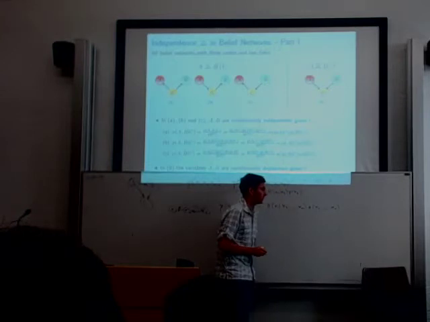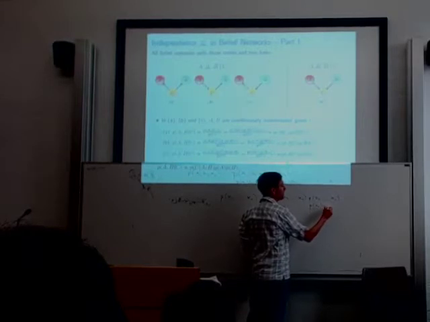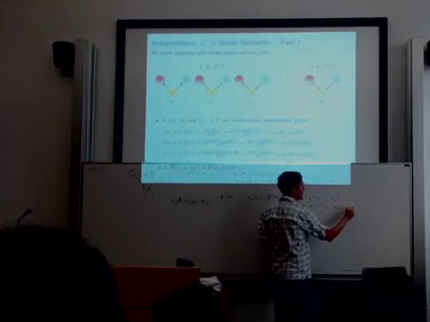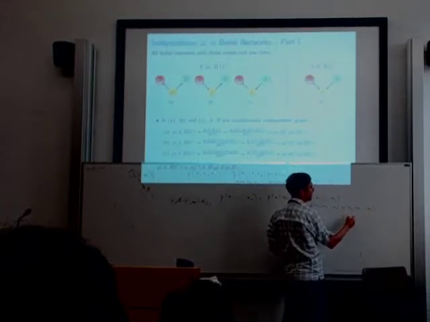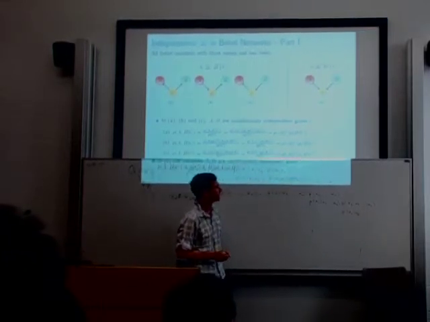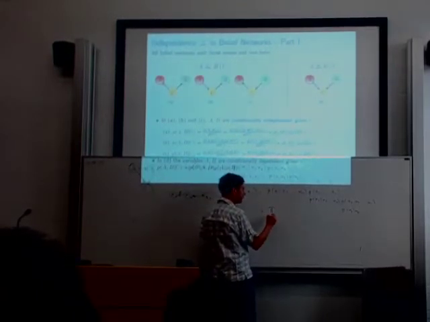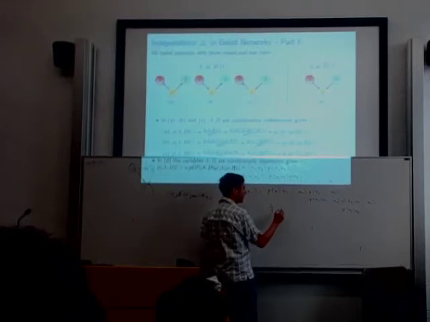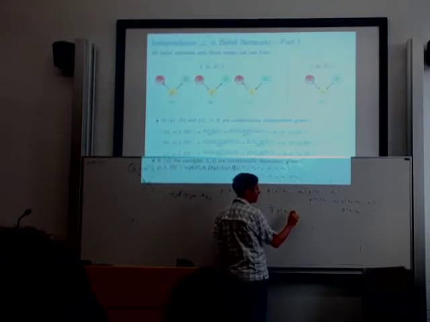And you just recursively deconstruct this: this could be reordered as p of x2 given x3 to xn, times p of x3, x4 to xn. And you keep going. This could be reordered as x3 given x4. So you end up with this decomposition.